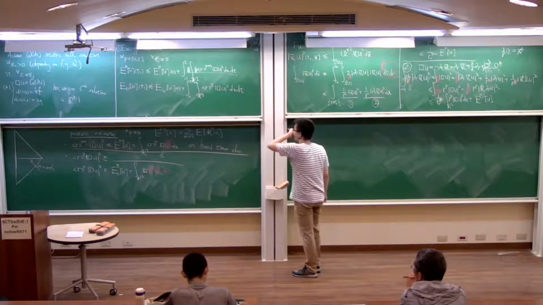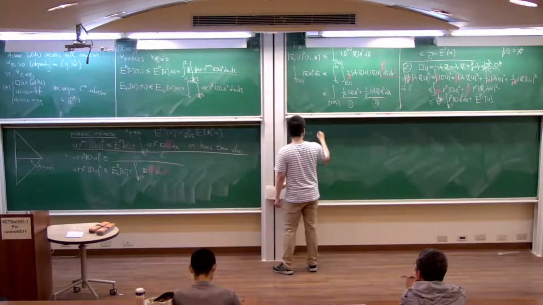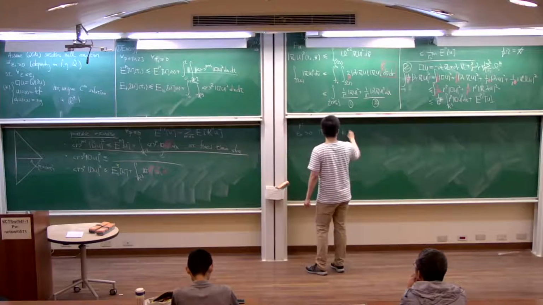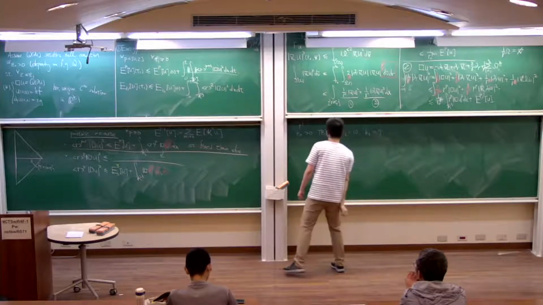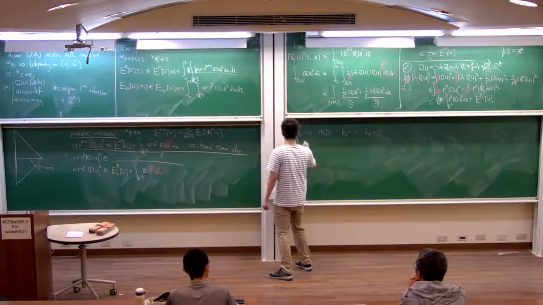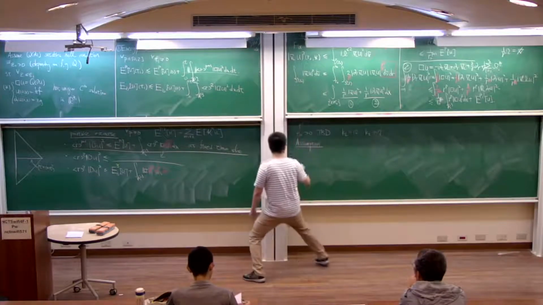Let epsilon naught be a very small number to be determined. Let me say KL is 10 and KS is 7. And the bootstrap assumption is the following.